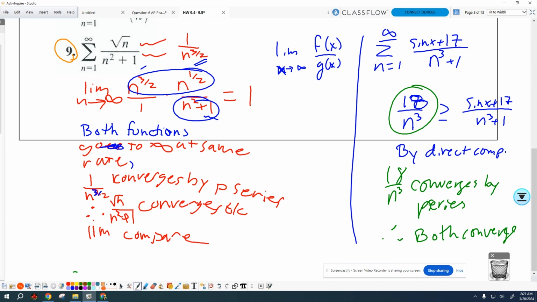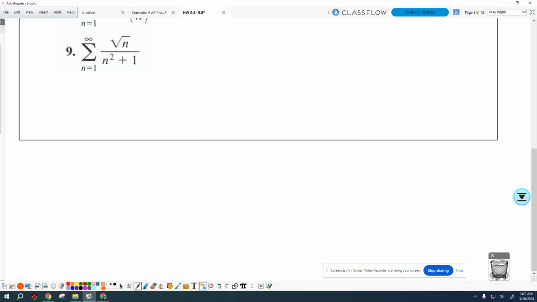Could you do direct comparison with the p plus one and then do the comparison? It makes it much more complicated and adds another test again. When they ask about absolute convergence, like the sample test, it said, first of all, does it converge?